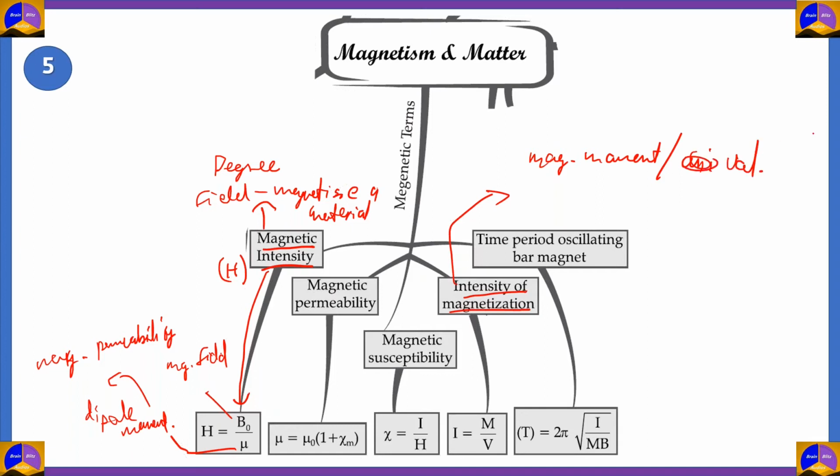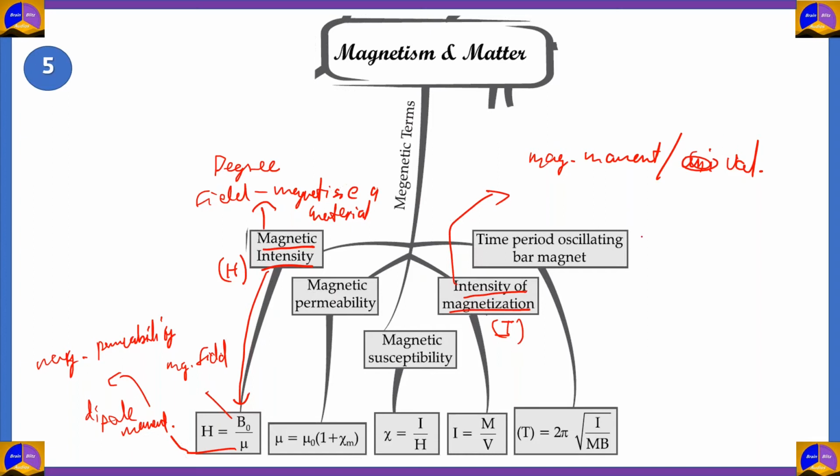So it's magnetic moment divided by volume. And magnetic moment is represented by M, which is equal to small m times 2L. So intensity of magnetization, which is represented by I, has the formula M divided by V, because its definition is magnetic moment per unit volume of a material.